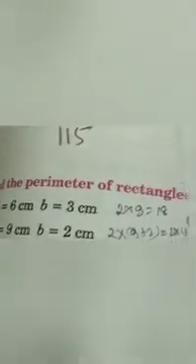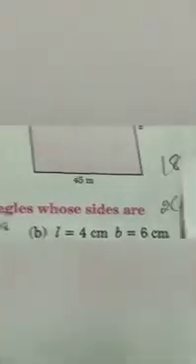Now let's see question number 2. Find the perimeter of a rectangle whose sides are given. See question number A. Length is given 6 centimeter and breadth is given 3 centimeter.